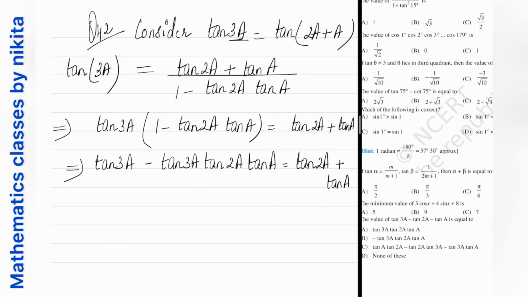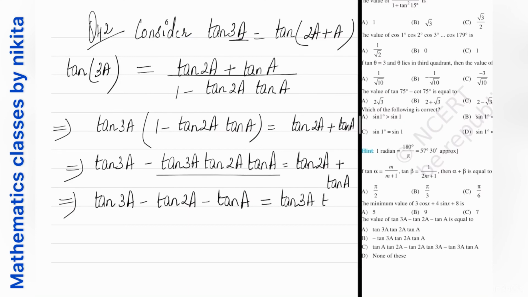Now you have to find the value of which expression? This expression. So this implies, now the expression on the right hand side, you bring it to the left hand side. So what will you have? tan of 3a minus tan of 2a minus tan of a is equal to, and you take this to the right hand side so this will become plus. So this will be equal to tan of 3a tan of 2a multiplied by tan of a. So this is the value of the expression which is asked in the question. So the correct option is A part.